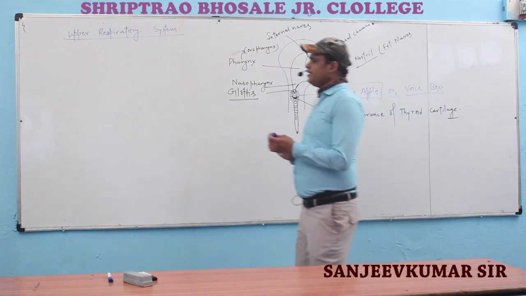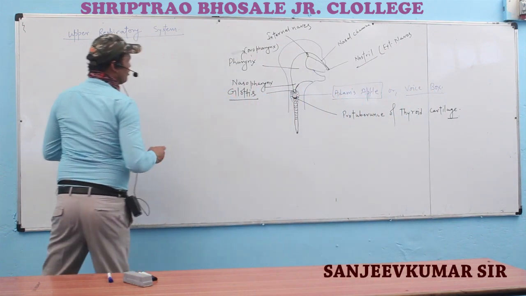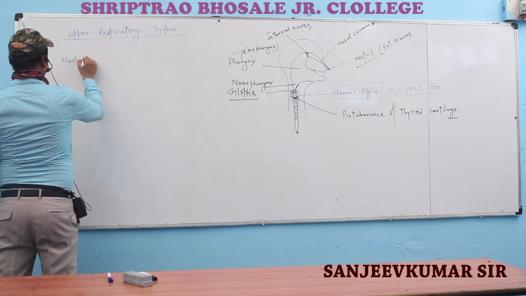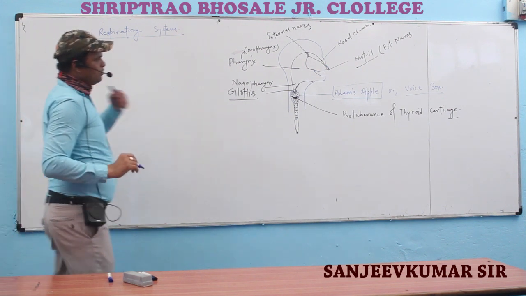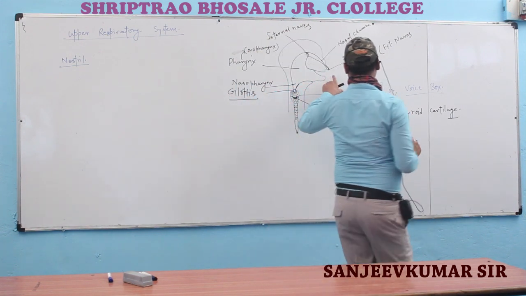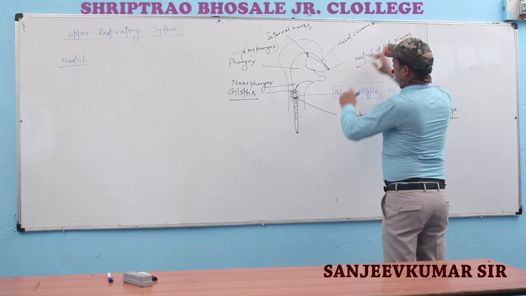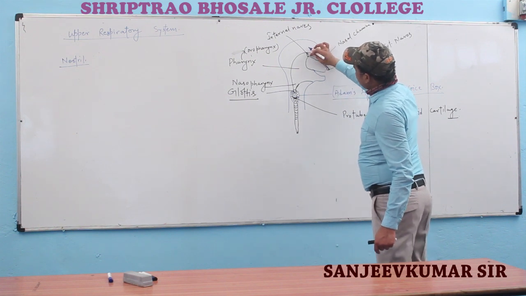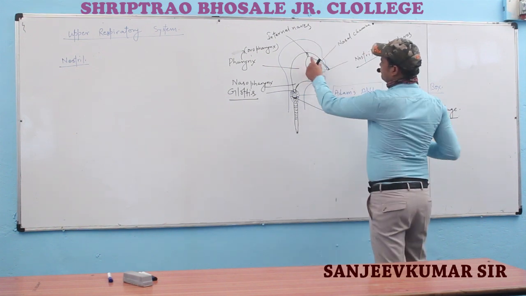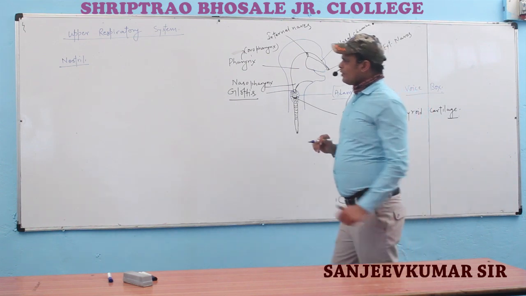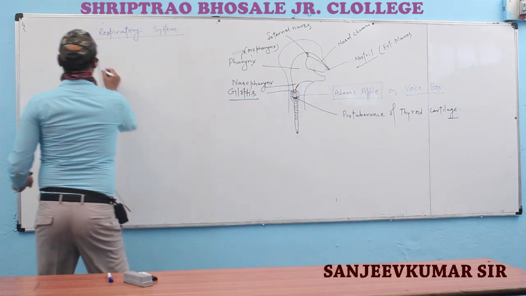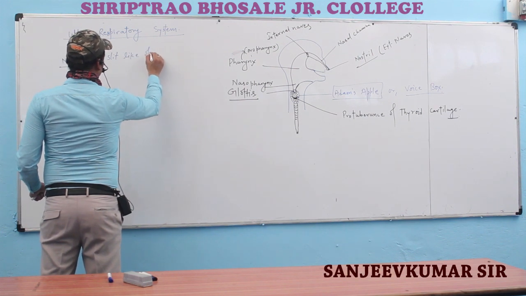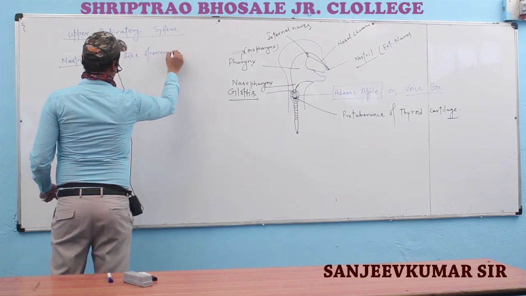So, in the upper respiratory system, we have to discuss nares, nostril. So, the main structure here, this is the external nostril. It is separated by a septum, and it is a slit-like opening.